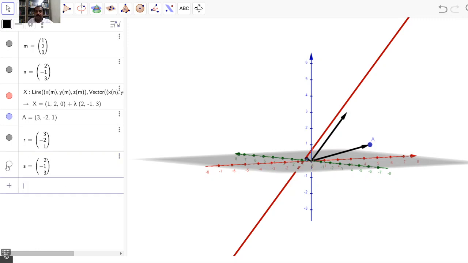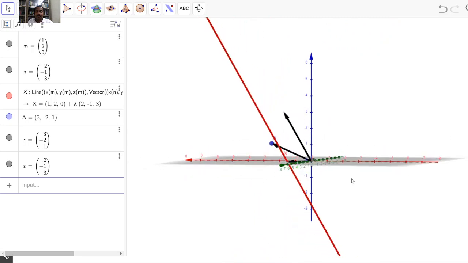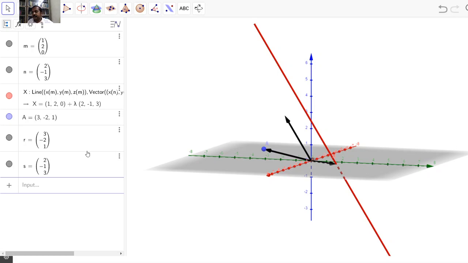Then we plot y is equal to r plus t star s.